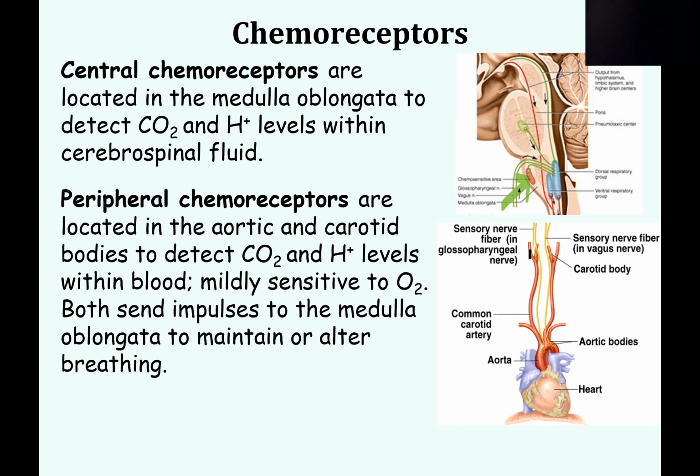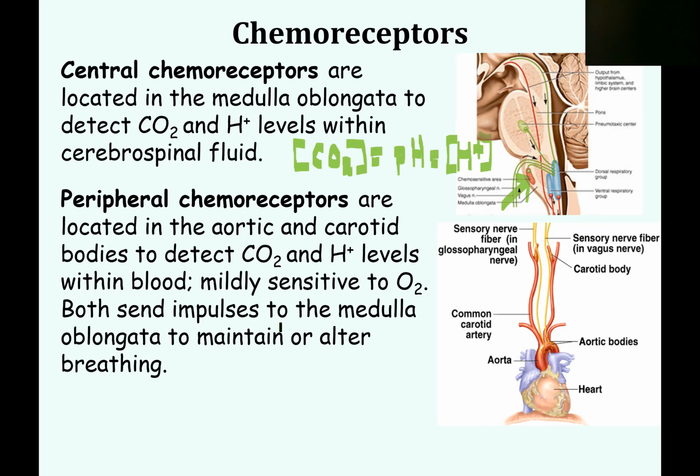So we're detecting and monitoring carbon dioxide, not oxygen. They usually estimate that your carbon dioxide concentration is equal to your pH level or your hydrogen ion concentration. So if your carbon dioxide levels go up, then you have more acids. If your carbon dioxide levels go down, then you're more basic.